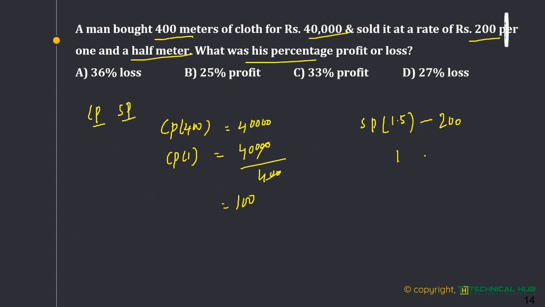Then selling price of the 1 meter is equal to how much? So 200 by 1.5. So remove the decimal in the denominator and place 0 in the numerator. So 2000 by 15, that is 400 by 3. You know 4 by 3 means 1.33. It means you will get selling price of the 1 meter is equal to 133.33.